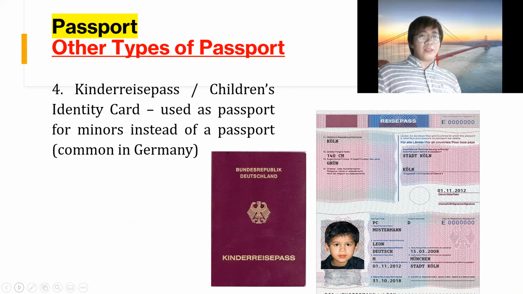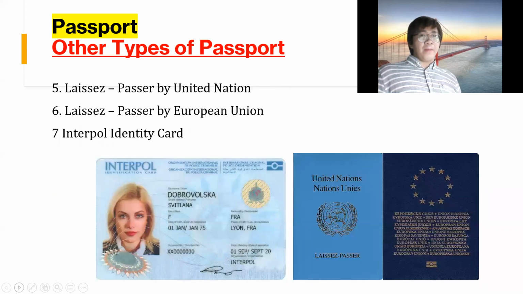Okay, so this one is German siya. And you have the special passport issued by inter-organizational bodies such as United Nations and the European Union. And also we have the Interpol identity card, which should be used with a passport.